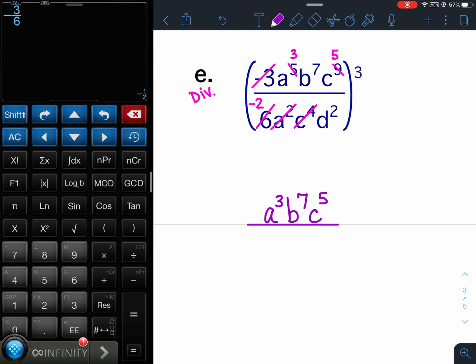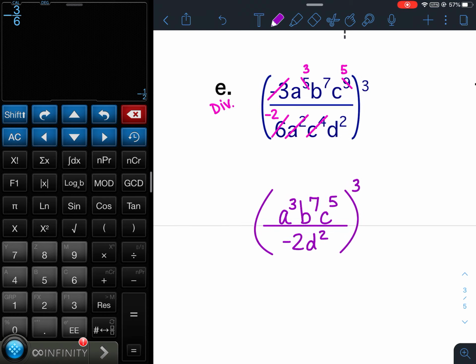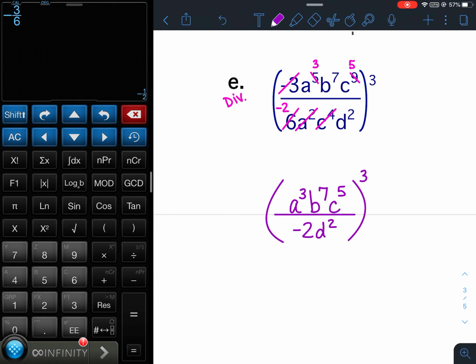In the denominator, I have negative 2 d squared. I'm going to move that over a little bit. So again, in the denominator, what I have left is negative 2 d squared. And now all of that is to the 3rd power.